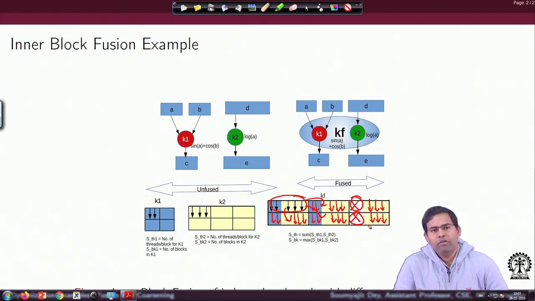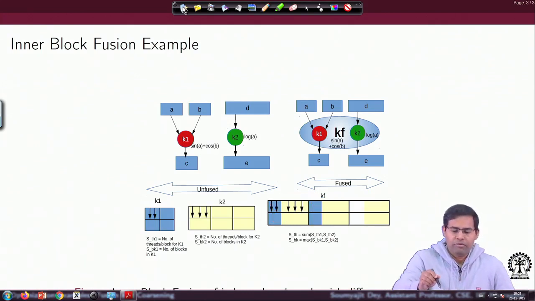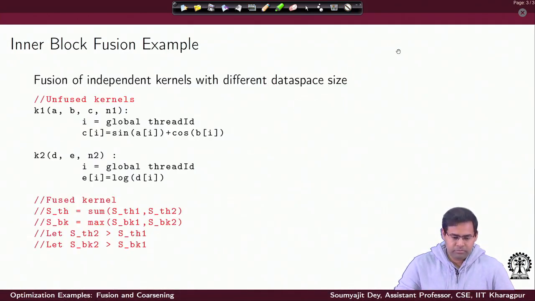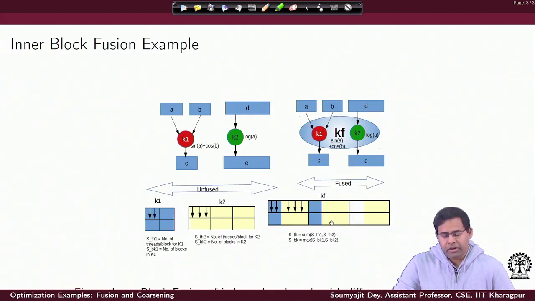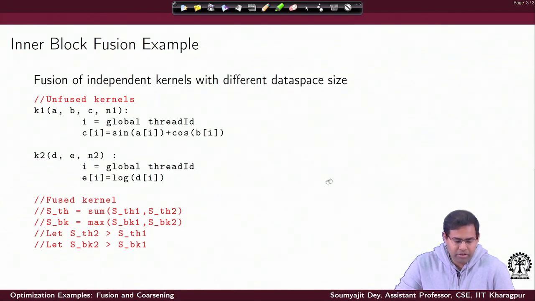So, whenever we are working with blocks or threads which are widely varying in terms of their arrangement of data, the fusion operation may not be a good choice. So, how do I handle the fusion of independent kernels if the data space size is different like this? Again we have a different number of threads per block here and also a different number of blocks here, right. For that, let us understand that the code is going to be a bit different.